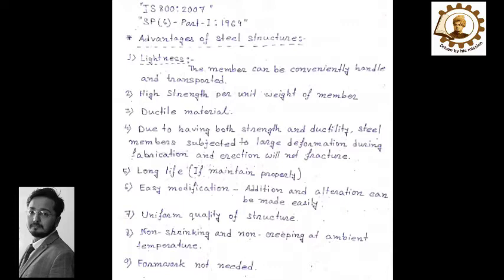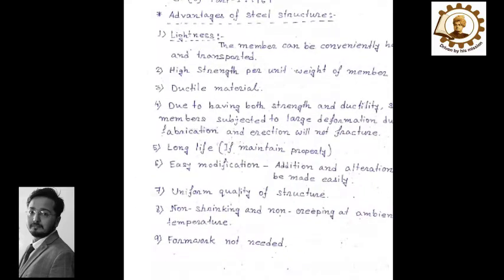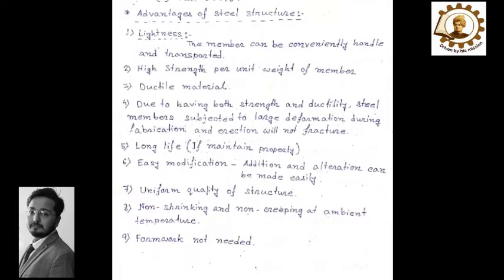Now, number 4, due to having both strength and ductility, steel members subjected to large deformation during fabrication and erection will not fracture. Number 5, if steel structure or steel members are maintained properly, they will give a long life to the structure. Number 6, easy modification.